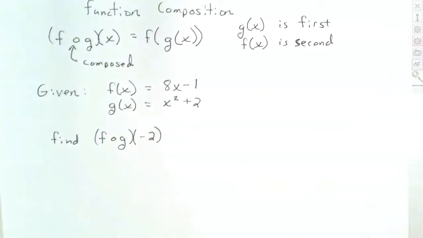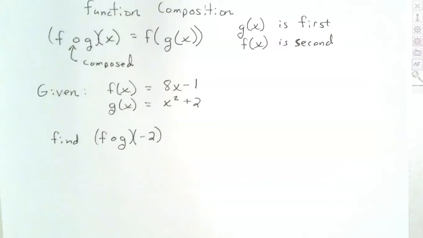And we're going to kind of go through this one a little bit slower. Function composition is something that's new to some of you. And when we do these, one goes inside the other one. Now, think about our answer. I always like to do that first. What do we have? We have a number inside the parentheses, right? So our answer is going to be a number. So number in, number out. Always remember that.